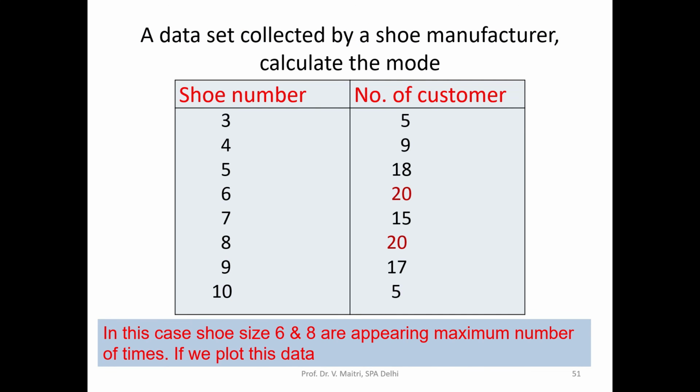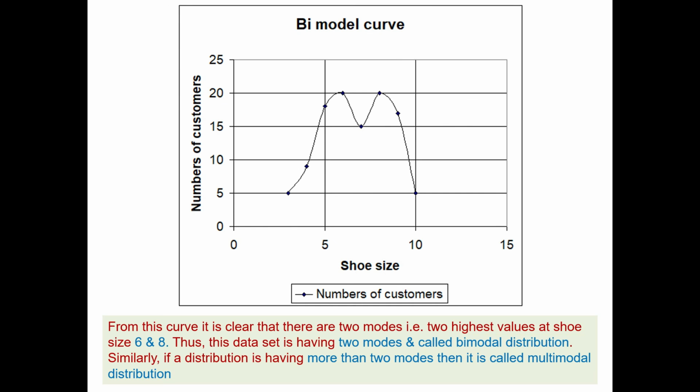Now data collected from a shoe manufacturer, calculate the mode. Here shoe sizes 6 and 8 both appear the maximum number of times, so this is a bimodal curve.